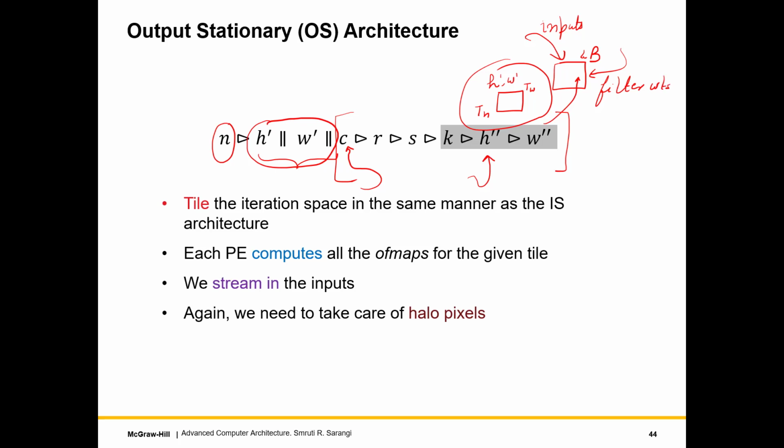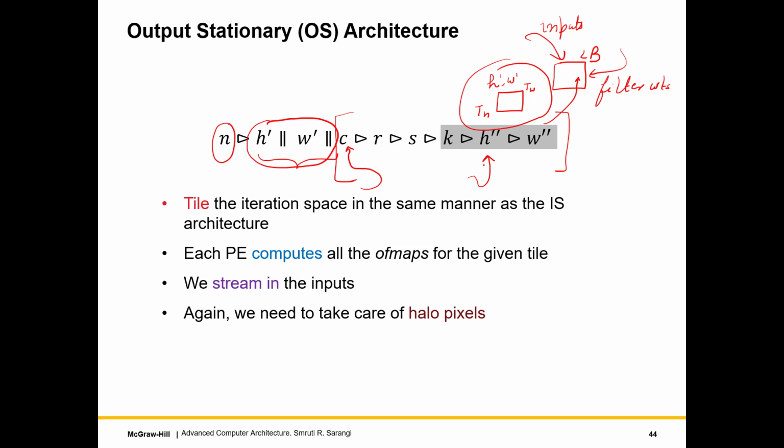Then they will mutually get multiplied with each other and keep on updating the values of the partially computed output tile which is stored in the local buffer. Once we have sent all possible input channels and their corresponding filters, we would be done. Again, as I said, there are more efficient ways of doing this. We will look at it.